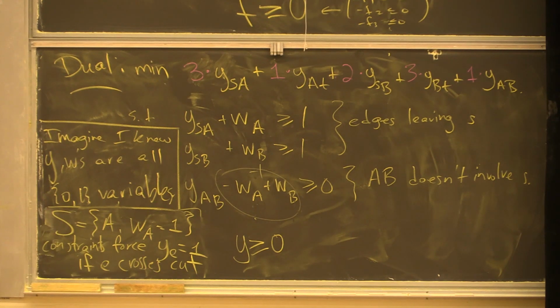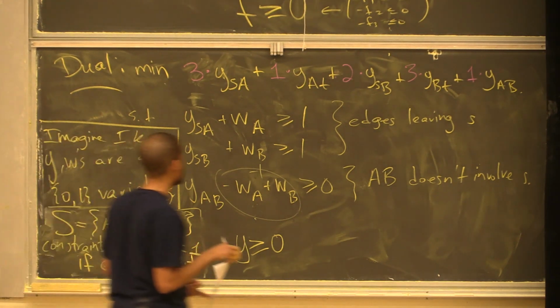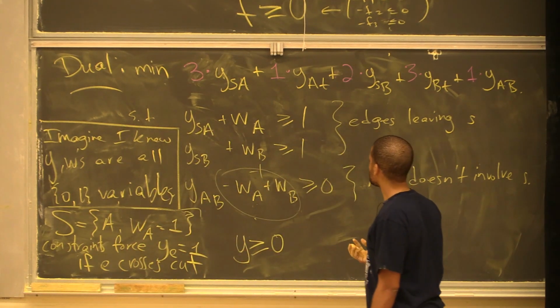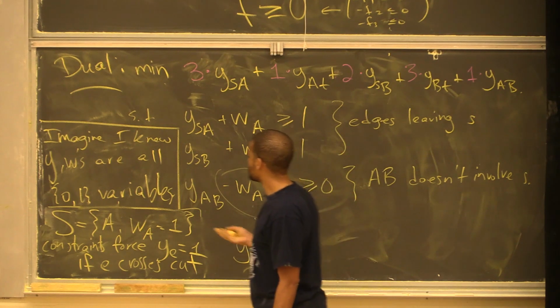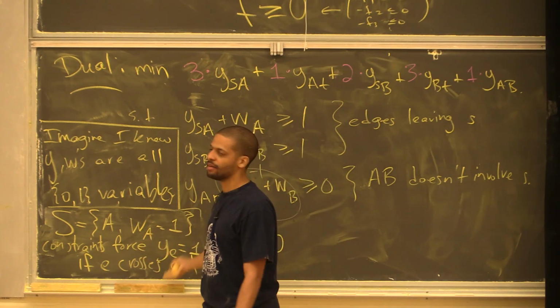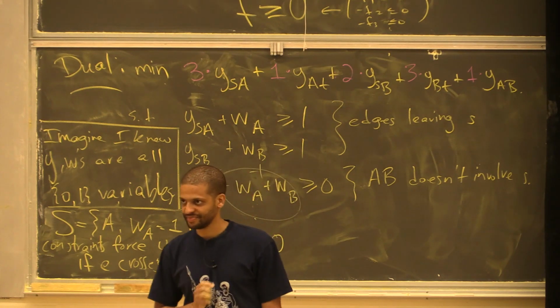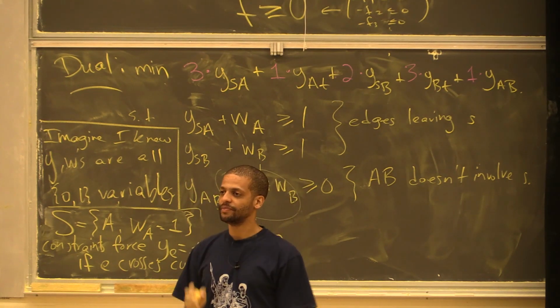Of course, the problem is there's no guarantee, right? There's no guarantee that the optimal solution will set all the W's to be 0 and 1. Maybe it'll set some of the W's to be a third, in principle.